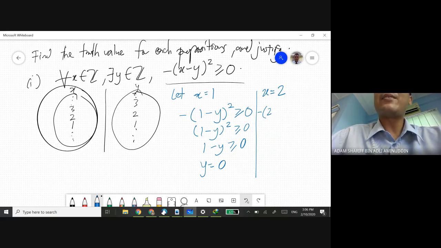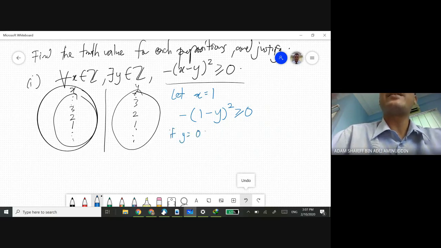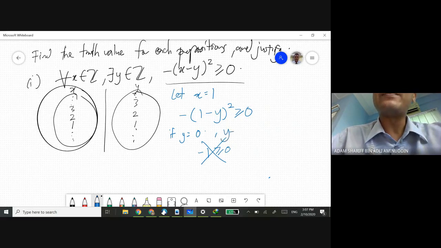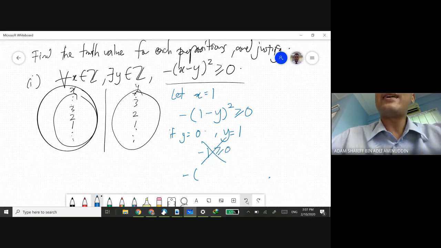I think I did something wrong here, before I proceed to something more wrong. If I put y equals to 0 here, what happened? It will be negative 1. So it's wrong, right? Salah. If I put y equals to 1, then negative 0 squared, 0 is larger than 0. So, okay. For the case of x equals to 1 just now, terpadam.